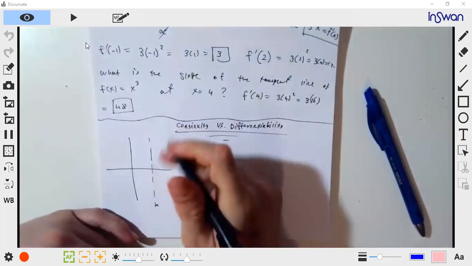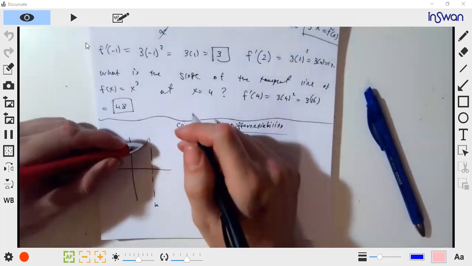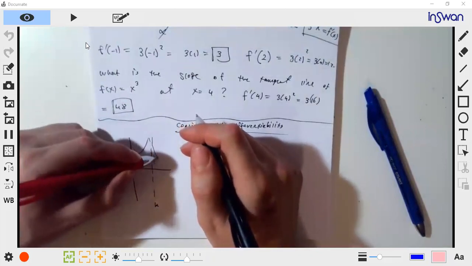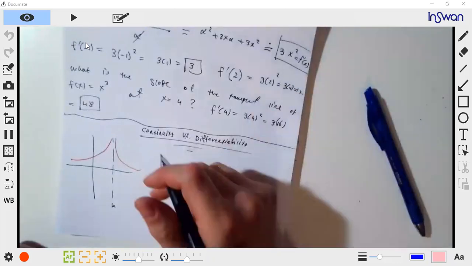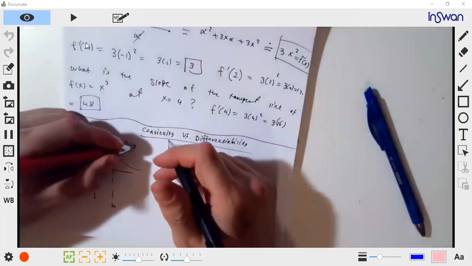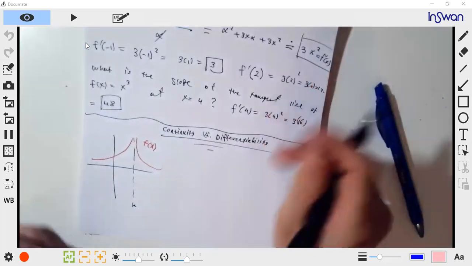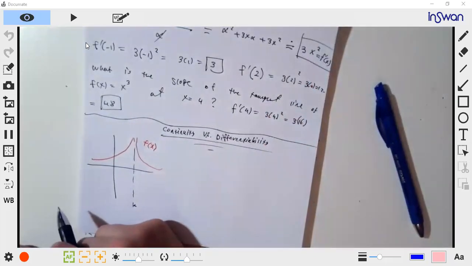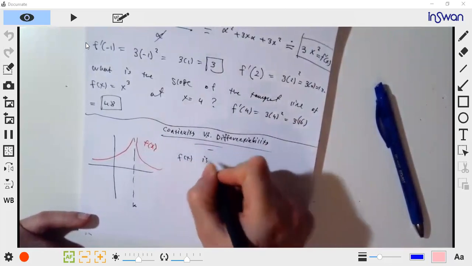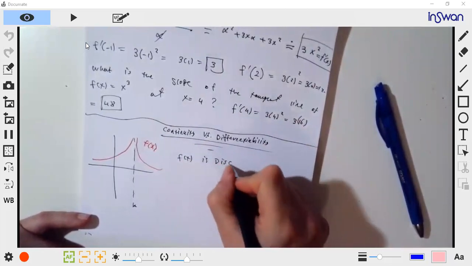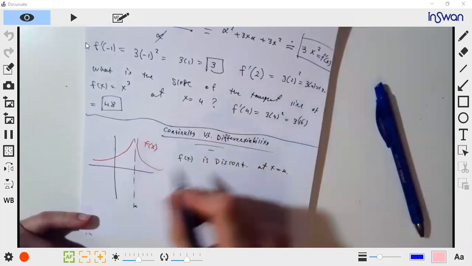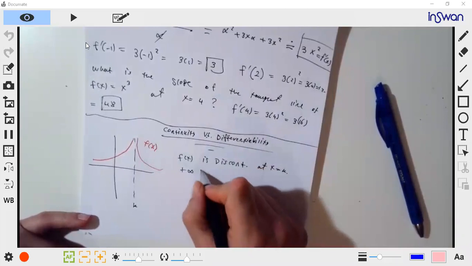Let's have a vertical asymptote here, and then let's have a function that behaves like this. Here's our function f of x in red. f of x is discontinuous at x equals k. Would you guys agree? It has a plus infinity discontinuity.